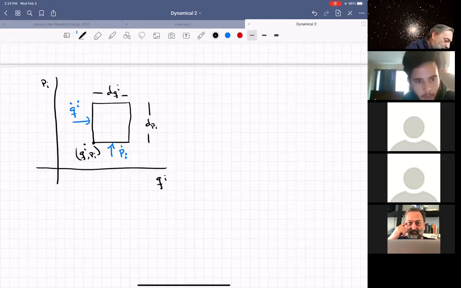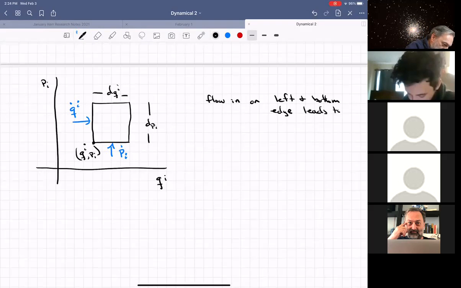And so the flow in on the left and the bottom edge leads to an increase in the density.